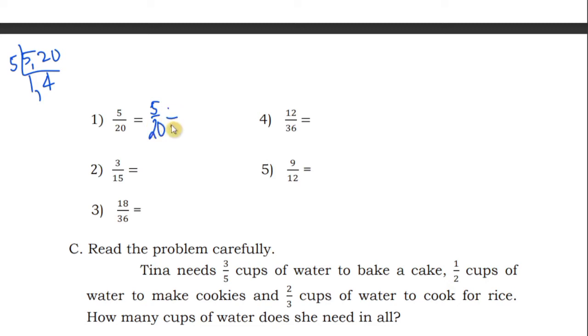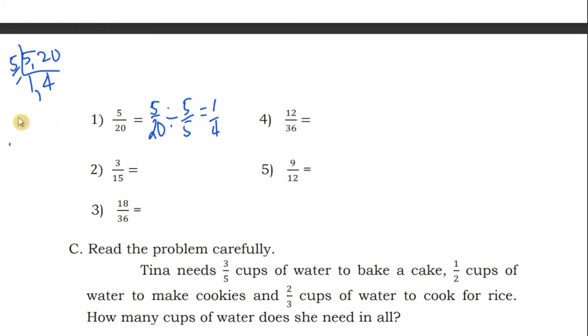If we continue further, we multiply, and whatever the product is would be the GCF. Since we don't have any other number attached to 5, the GCF is 5. So we divide both numerator and denominator by 5 over 5, and we have 1 over 4, the reduced form of 5 over 20.